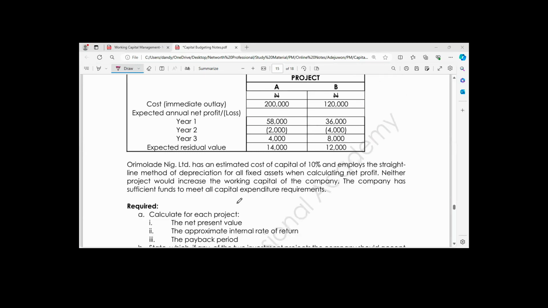Orimolade Nigeria Limited has an estimated cost of capital of 10% and employs the straight line method of depreciation for all fixed assets when calculating net profits. Neither project would increase the working capital of the company. The company has sufficient funds to meet all capital expenditure requirements.